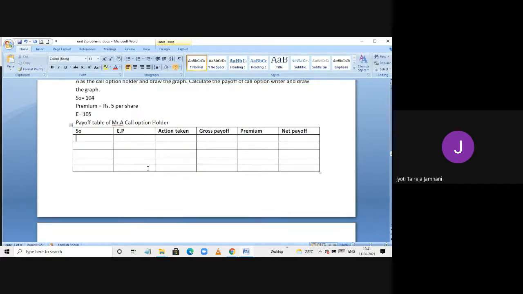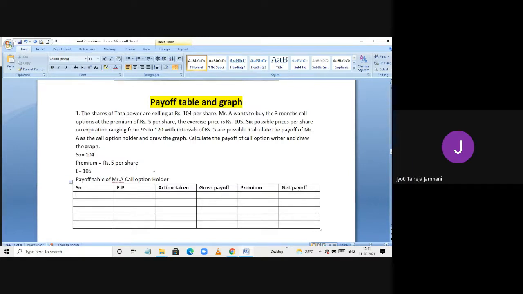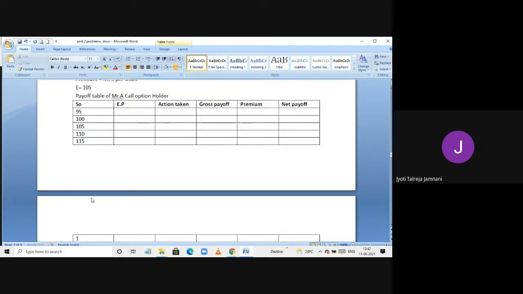Now here, for S0, we are not going to write this 104, but we are going to take the 6 possible prices per share on expiration, this 95 to 120 with an interval of 5. This is what is important, which we are going to take as S0. So I take those prices: 95, 100, 105, 110, 115 and 120.